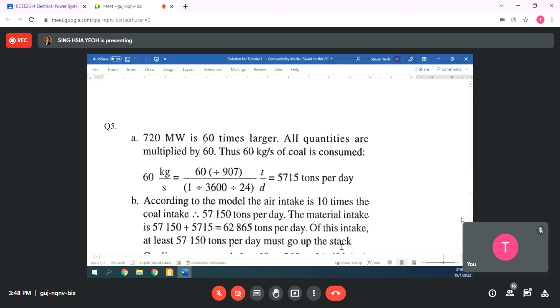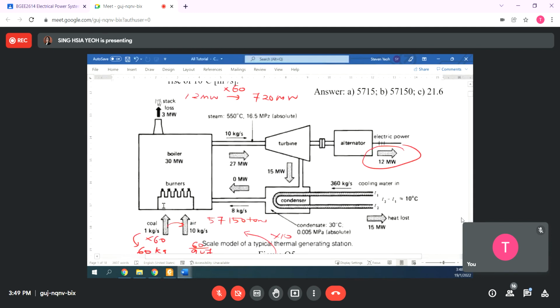You don't have an exact amount, because after you burn, you may have some dust left inside the boiler, the burner here. How many will really fly out into the air? We don't know. But we know that it won't exceed the burning materials.